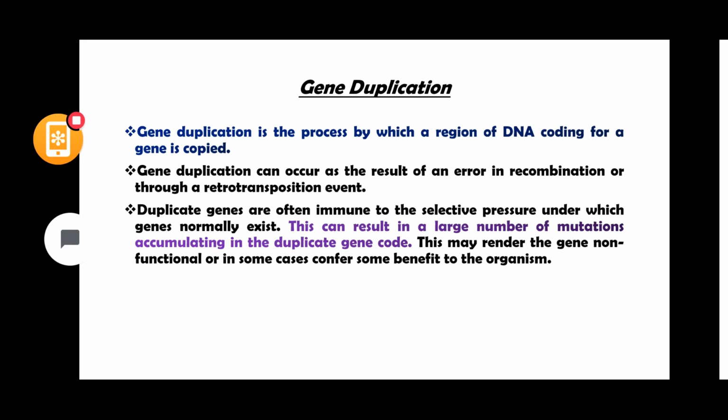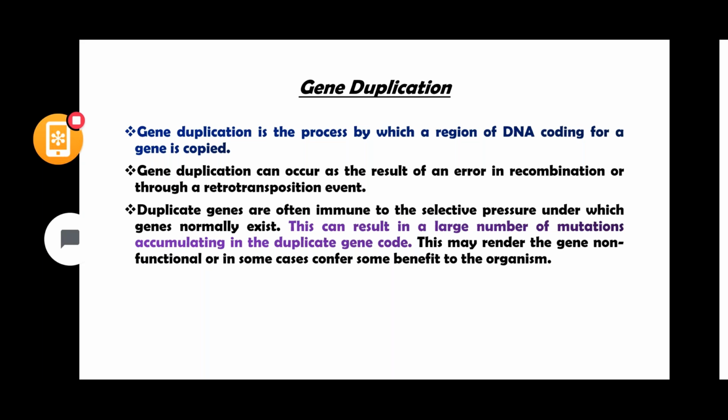So the lack of that gene will not happen. The functional protein will still be synthesized even if the original gene sequence has been mutated, because the copied gene is already present. Okay, so this is called a selective pressure. Still the mutated gene is present, but because a copy of that sequence is present in another location, it still synthesizes a functional protein.